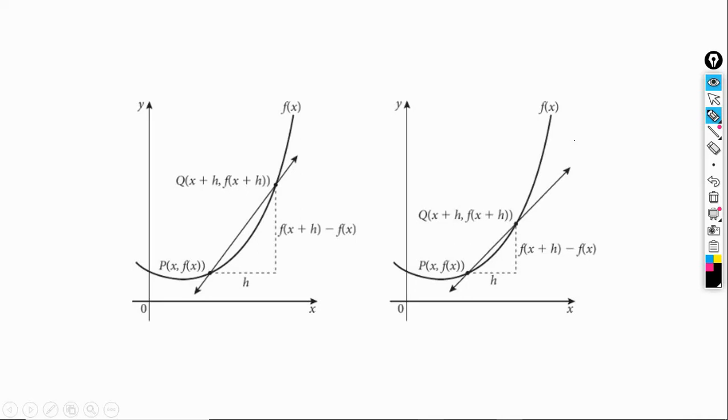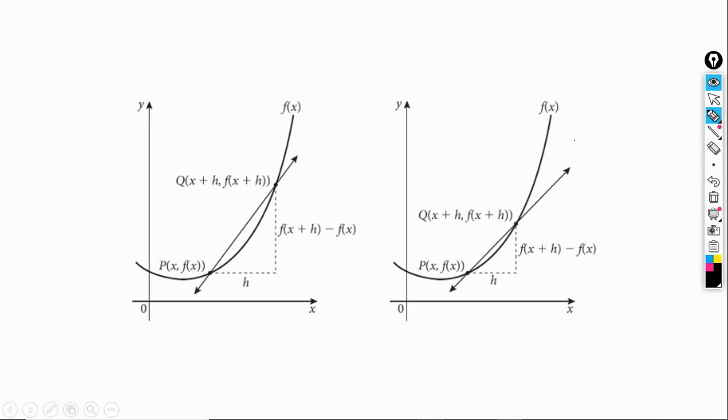But how about another method? How about a method that is algebraic? So a French mathematician, Fermat, came up with one method more than 4 centuries ago. And it's based on the following principle.